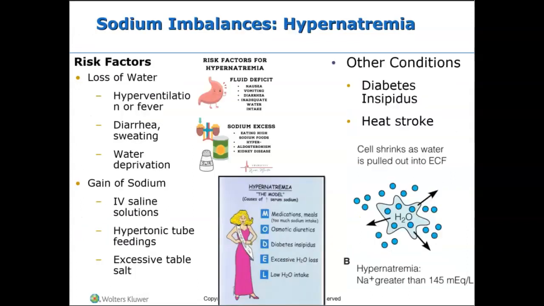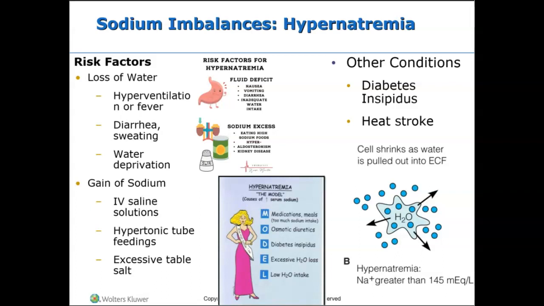Okay, hypernatremia, what's happening is we lose water from our cells and there's a higher concentration of sodium left in the cells. This happens when we lose water. This can occur from water losses, say through hyperventilation, right? Fever, diarrhea, profuse sweating. It also can occur if we don't ingest enough water. It can also occur when we consume too much sodium.